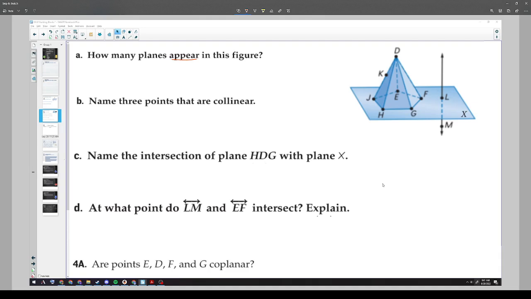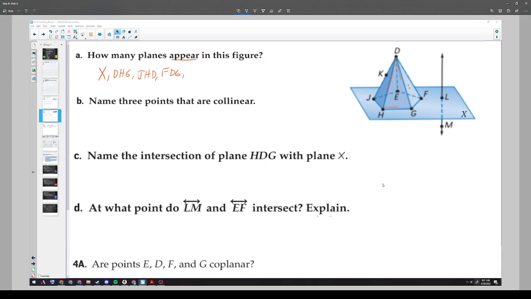So I would say that we're only looking for drawn planes. So we know we have plane X, but we also have the faces of this pyramid, and each of those, if we extend it, is a plane. So we have plane DHG, which I could also call HDG, GHD, right? All those are the same. That's just one plane. We have this left side, I could call it JHD. We have this front right side, which would be FDG.